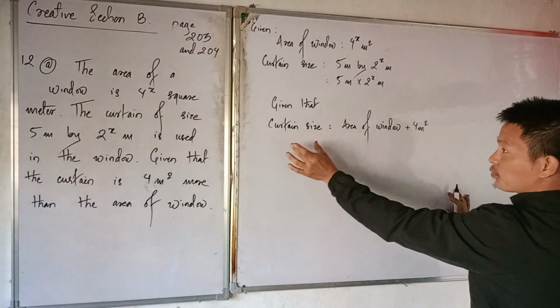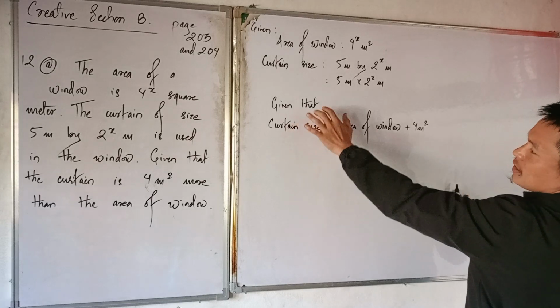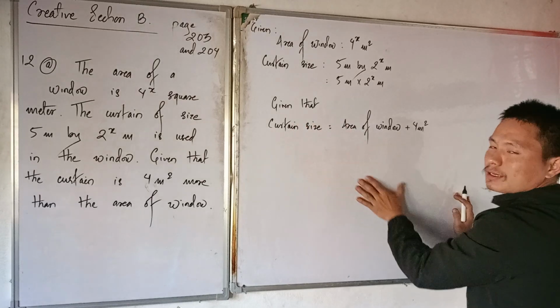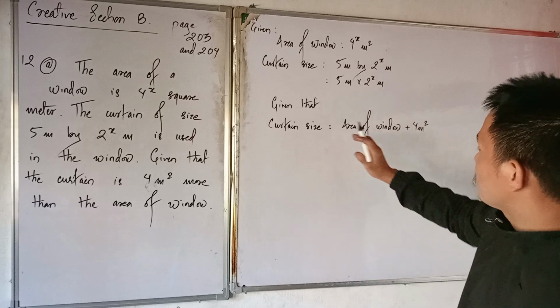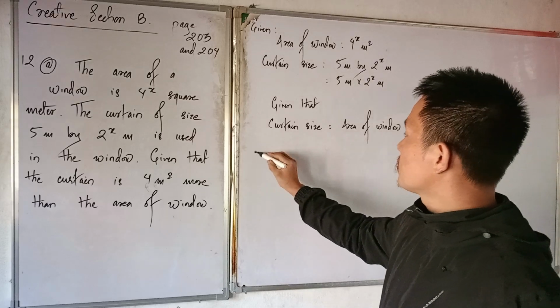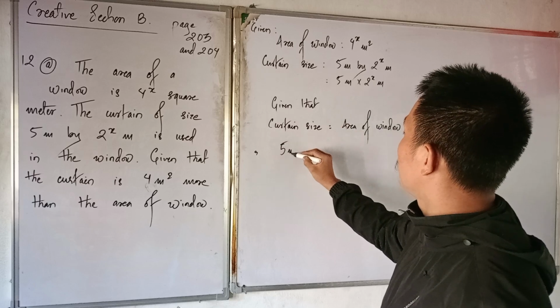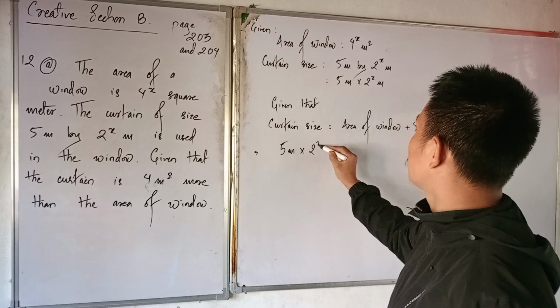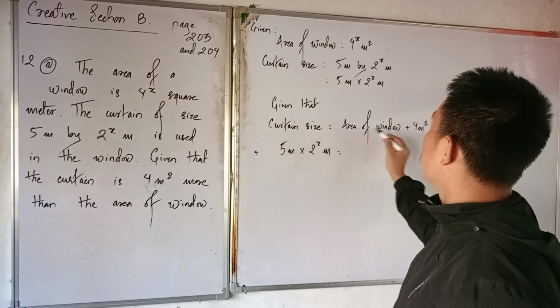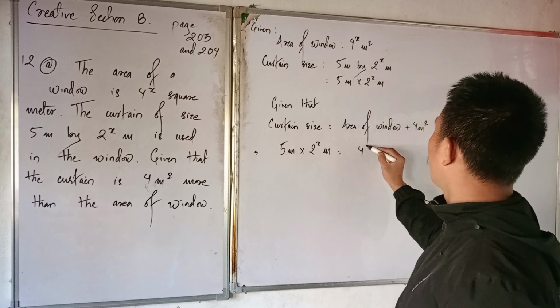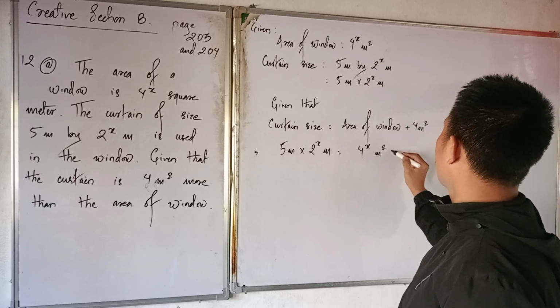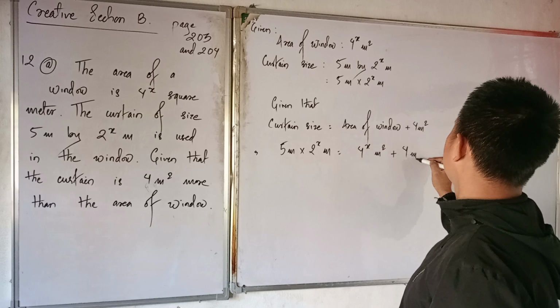Now you have to use the given condition and make an equation like this. Now replace the values. Here the curtain size is 5 meter by 2 times x meter, and the area of the window is 4 power x meter square plus 4 meter square.